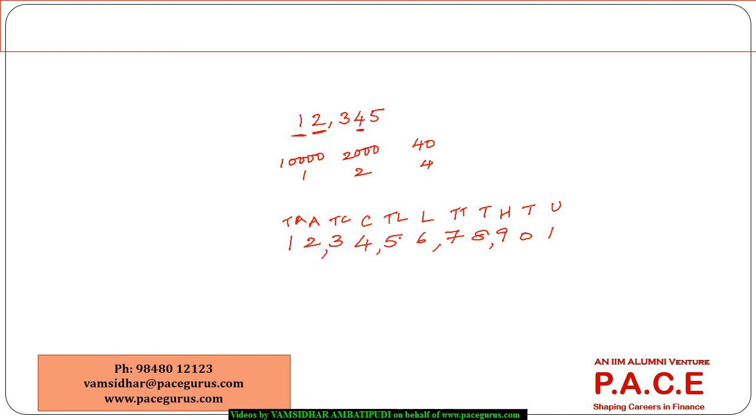Now, when it comes to the international system, the places are, this is called, though you can call it units, but otherwise it's called the ones place. Then you have this as the tens place. This is the hundreds place, which is the same.